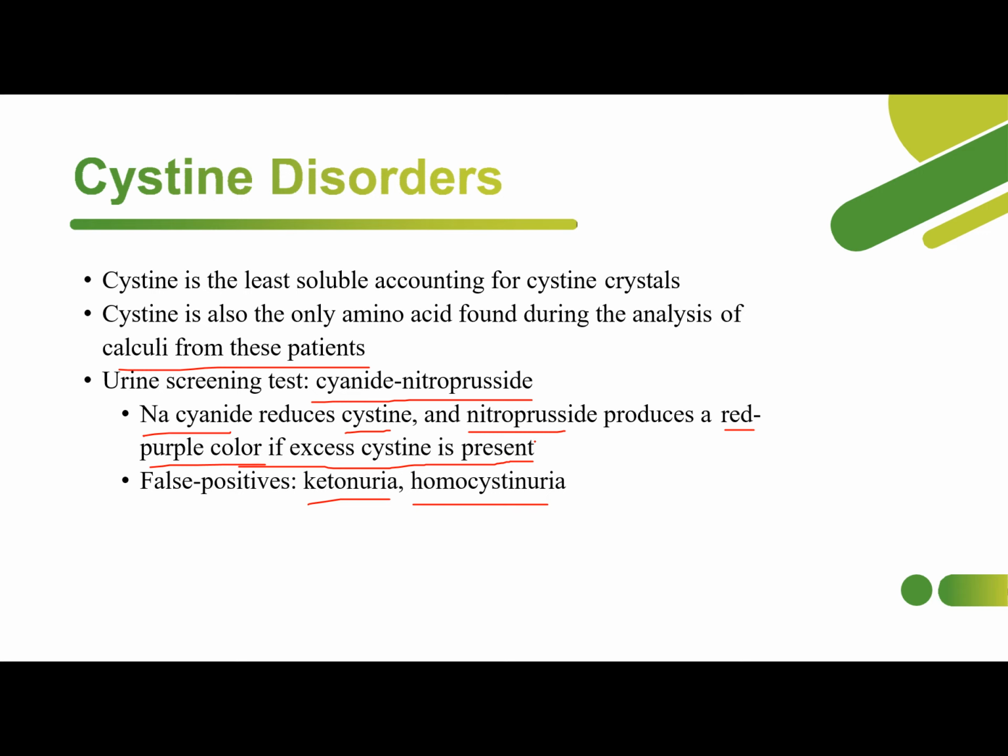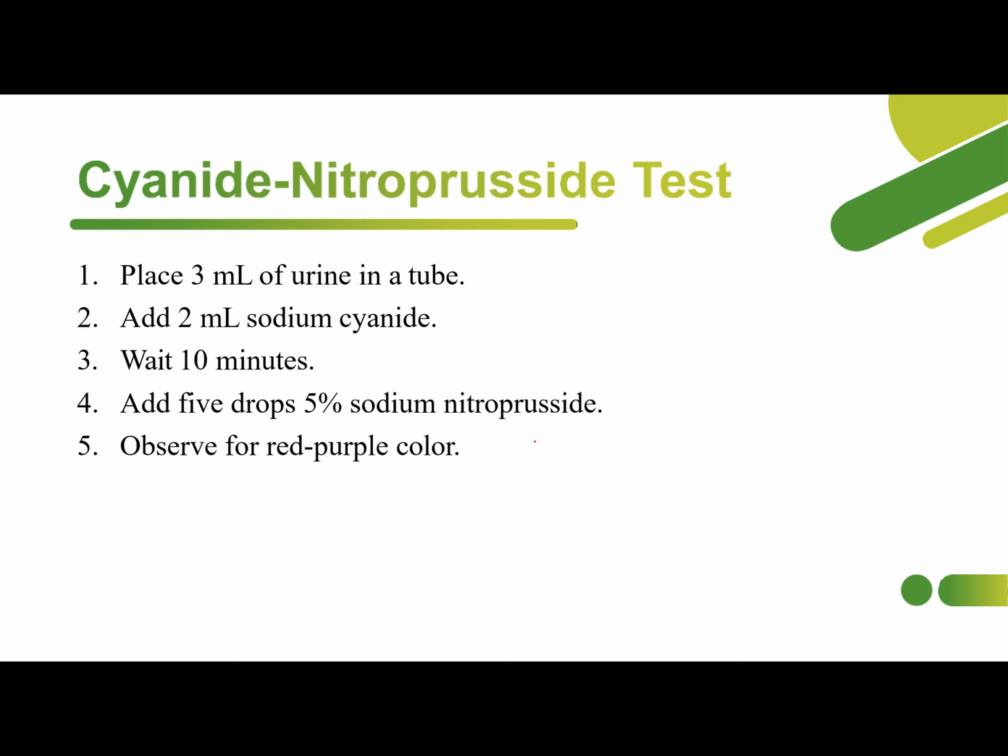So your sodium cyanide, class, would reduce cystine, and if there's too much cystine in the urine, nitroprusside would turn it into a red-purple color, which is the positive result for the cyanide nitroprusside test.